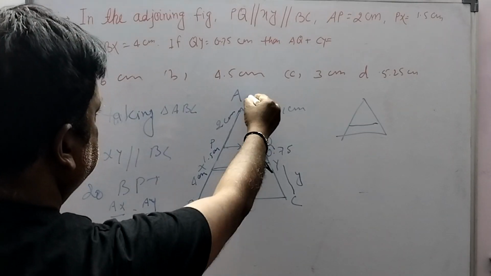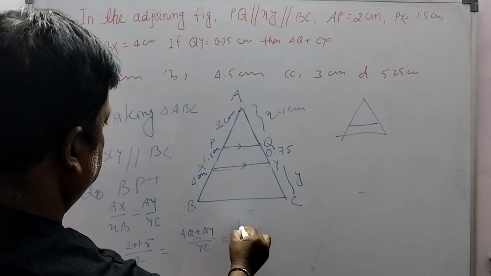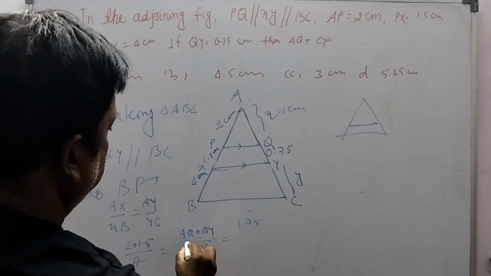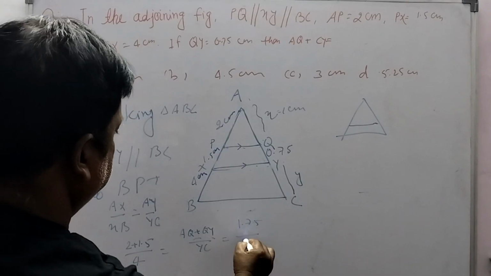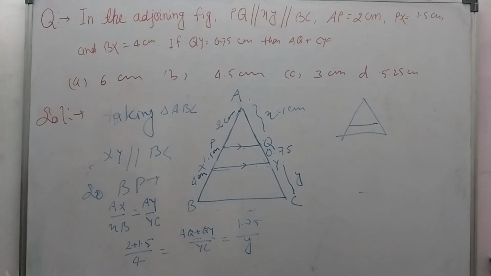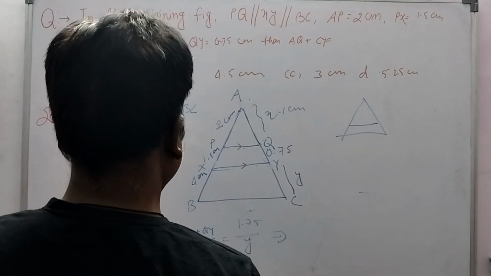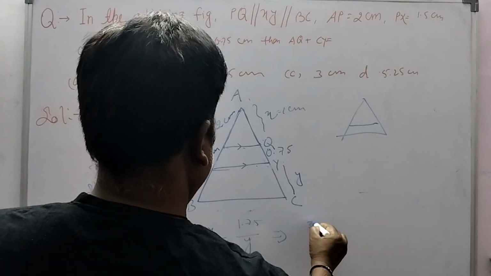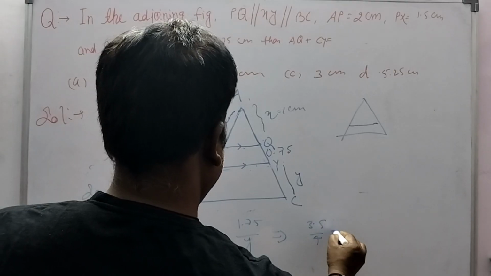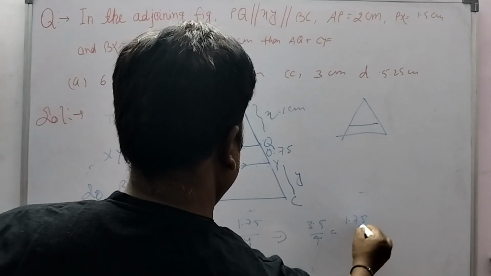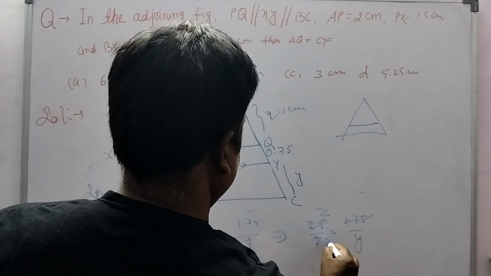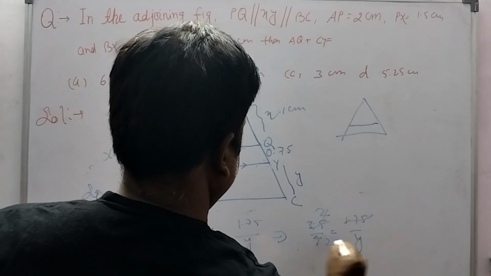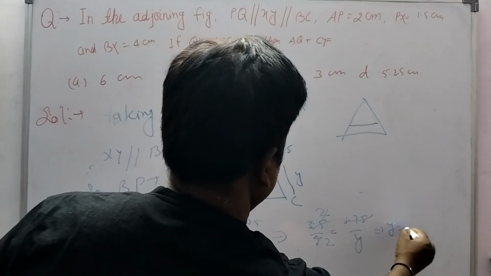AQ plus QY is 1 plus 0.75, which is 1.75, and I have taken YC as Y. So from this equation, 3.5 by 4 equal to 1.75 by Y, that means Y equal to 2.